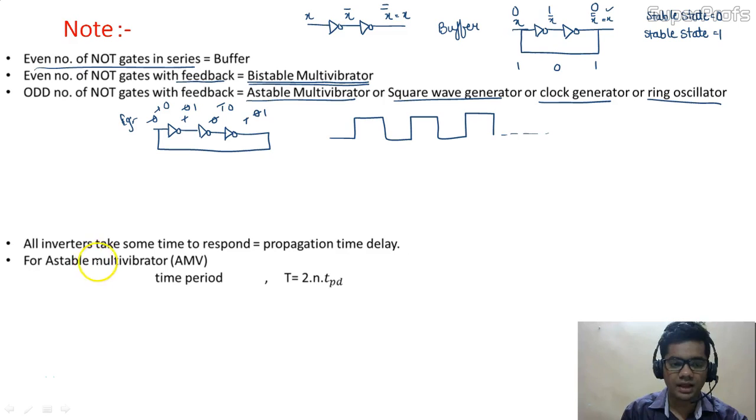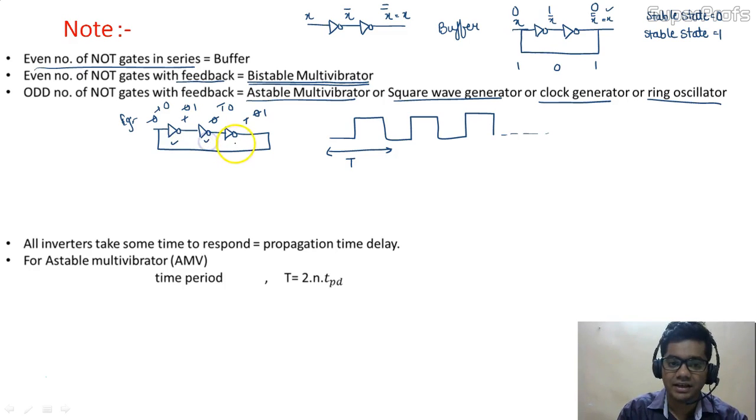Okay, but what would be its time period? We have to calculate its time period T. We know that all inverters take some time to respond. No inverter is ideal in nature.